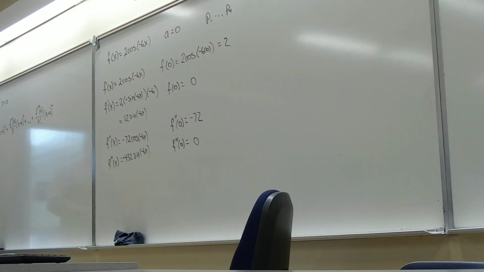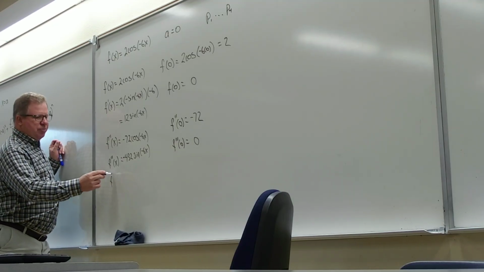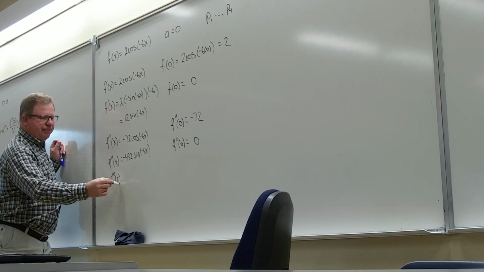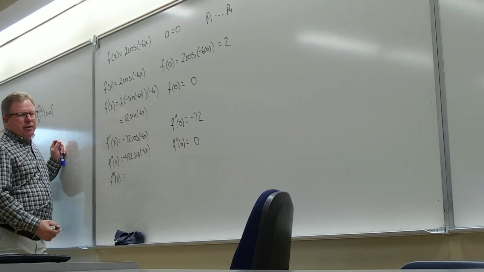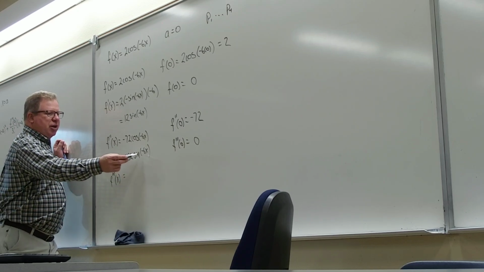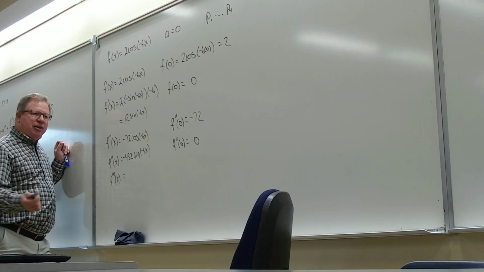Turns out for this one, all of the odd degrees are going to work out to 0 because they're going to have sine in there. One more, fourth degree, and I like the notation of putting a little 4 in parentheses up there for fourth degree. The derivative of sine will be cosine. Chain rule, we're going to have to multiply by negative 6 again. Help me out again.